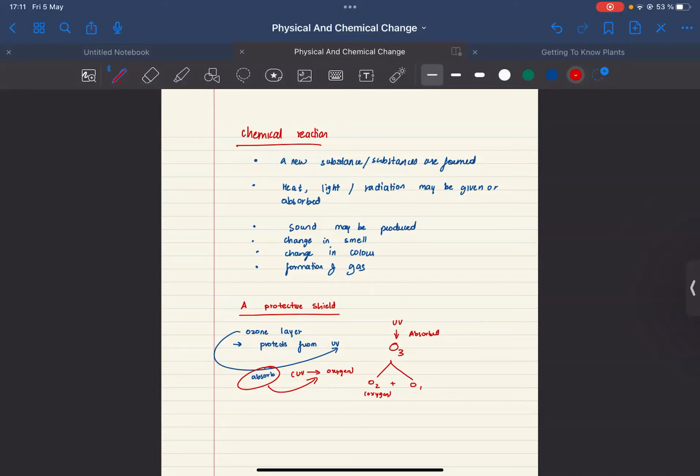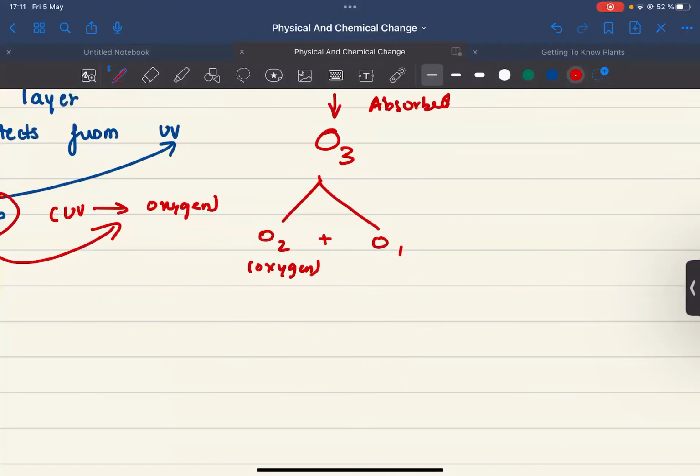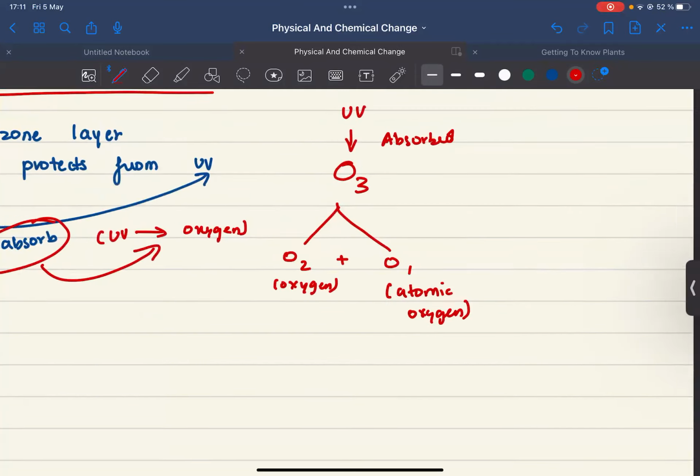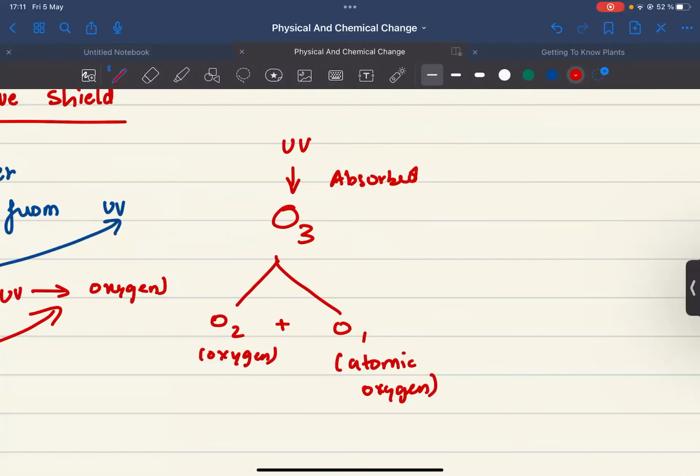O1 is also known as atomic oxygen. So many O2 molecules will be formed, right? Another division will be there, O2 and O1. These will join and they'll become O2 again.